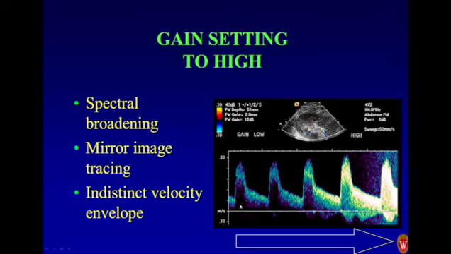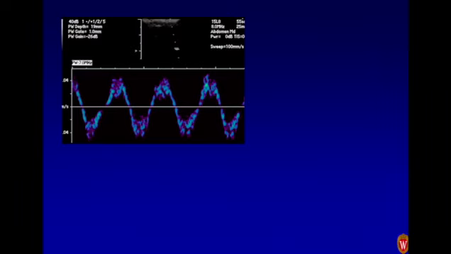And so when you start with a gain set appropriately, we have a nice systolic window, we have a very clean velocity envelope, and we have sort of a darker tracing. Turn the gain up a little bit, and the tracing becomes a little brighter. But look what's happening to the systolic window. It starts filling in, okay? And then it gets a little bit more whiskery here. It gets a little dirtier. So when you image, you want to see the tracing well, but just be careful. Don't overdo it because you can get into trouble.